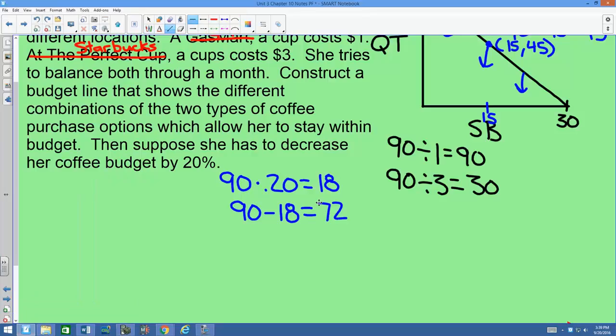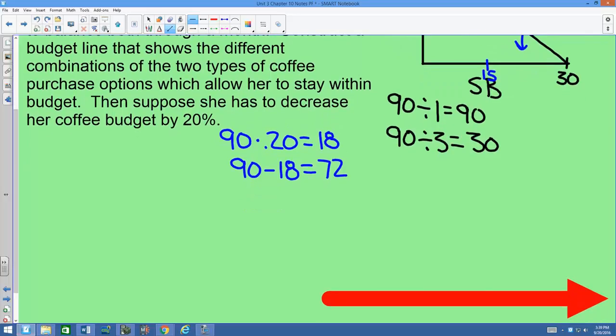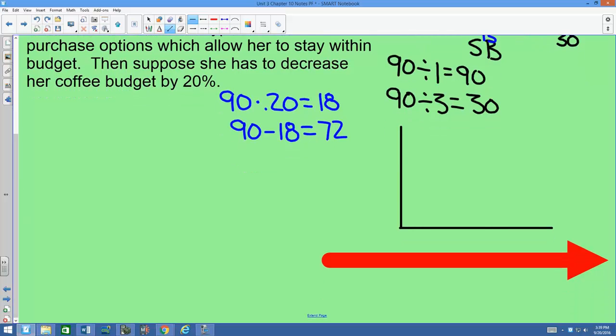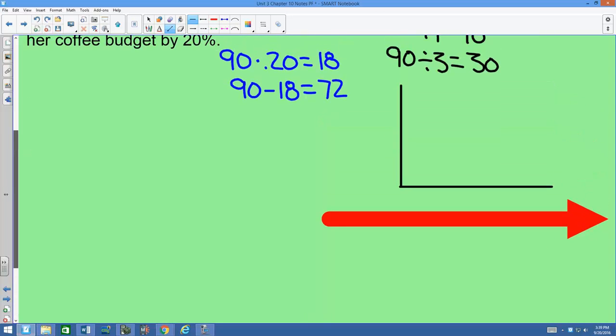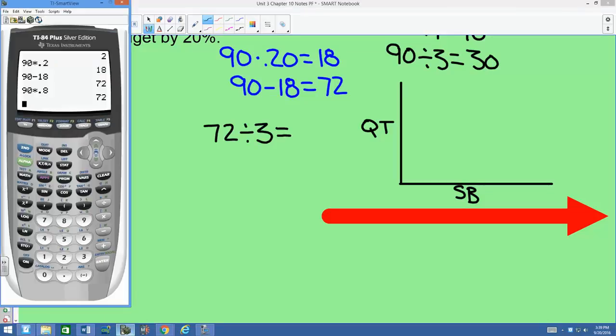All right, so let's make a new graph for a budget of $72. Starbucks and QT. If she just went all to Starbucks, we would take $72 divided by $3, and we would get 24.